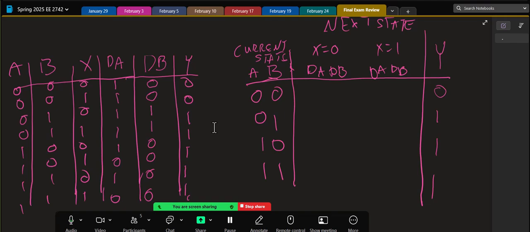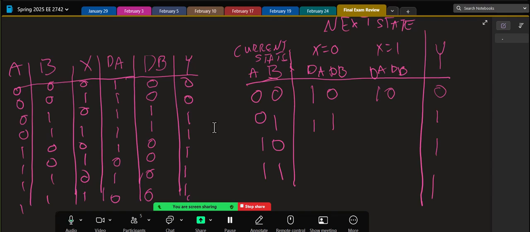If x equals 0 and A and B equal 0, then dA is 1 and dB is 0. And if x equals 1, we also get 1, 0. I'm just looking at my truth table. Now if AB is 0, 1, and x is 0, I get 1, 1.